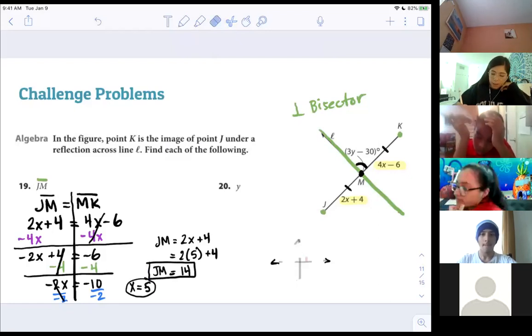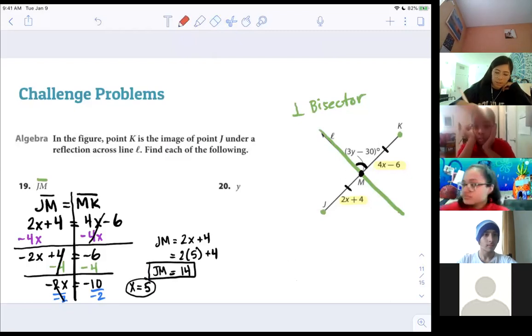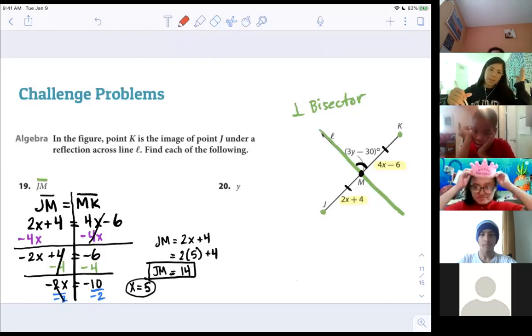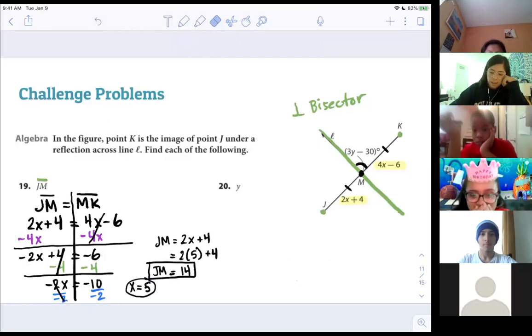So in our actual diagram, even though it's tilted to the side, if you tilt your head and look, you'll see that these two lines are perpendicular, which means that the angle we're talking about is how much?